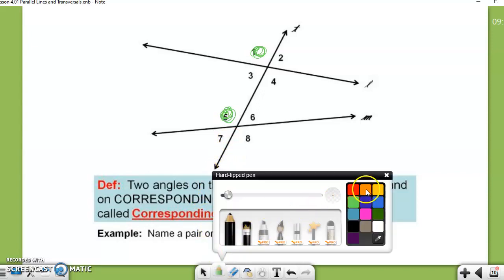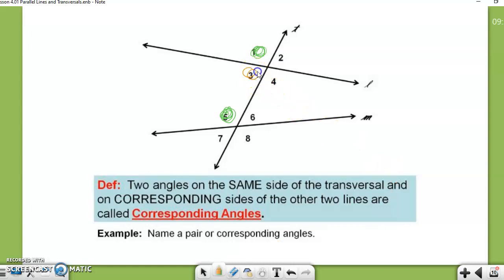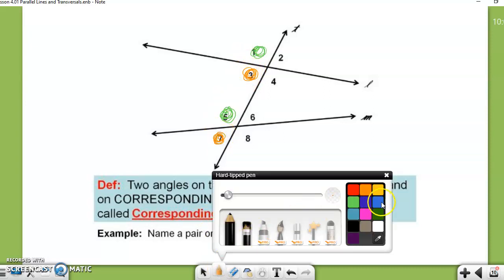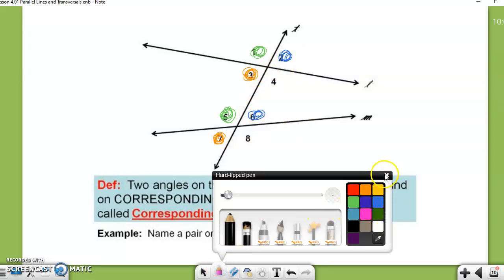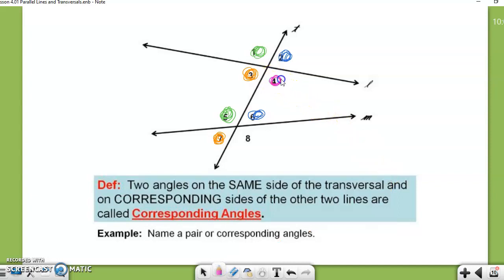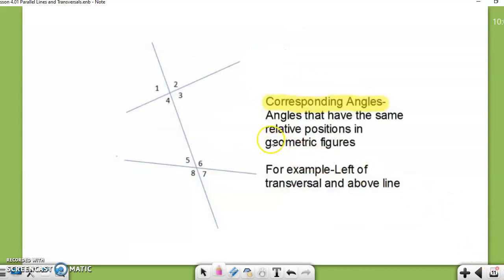You have several corresponding angles. 3 is on the left side of the transversal and on the bottom of the line. 7 is on the left side of the transversal on the bottom of the line. 2 is on the right side of the transversal and on the top of the line. 6 is on the right side of the transversal on the top of the line. And finally, 4 is on the right side, bottom of the line, and 8 is on the right side, bottom of the line. Those are all corresponding angles.